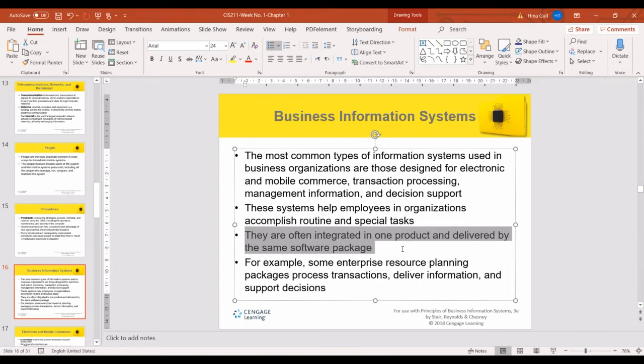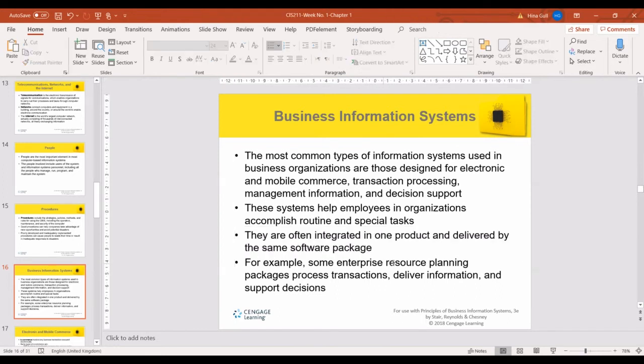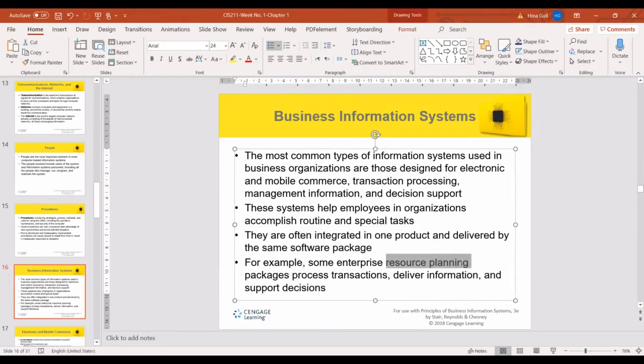So there are many things that you can do on PeopleSoft. So you have many integrated software packages inside. For example, some enterprise resource planning, ERP, packages process transactions, deliver information, and support decisions. So our university has the ERP system on top, like e-services.